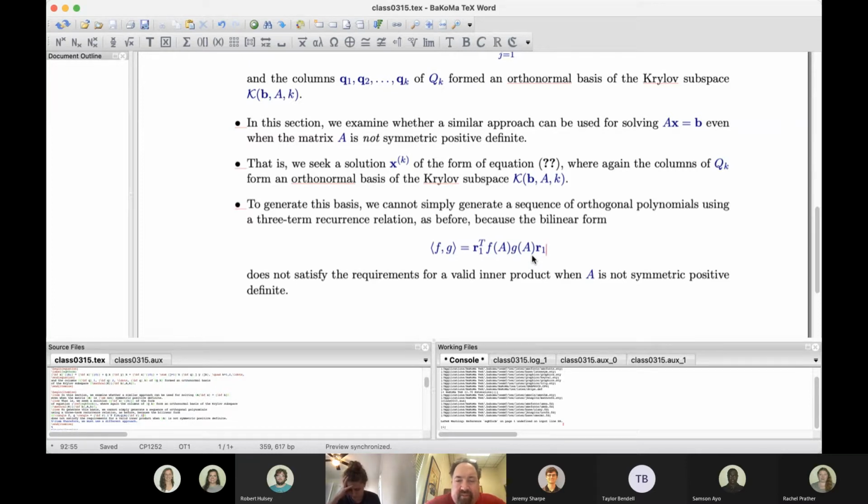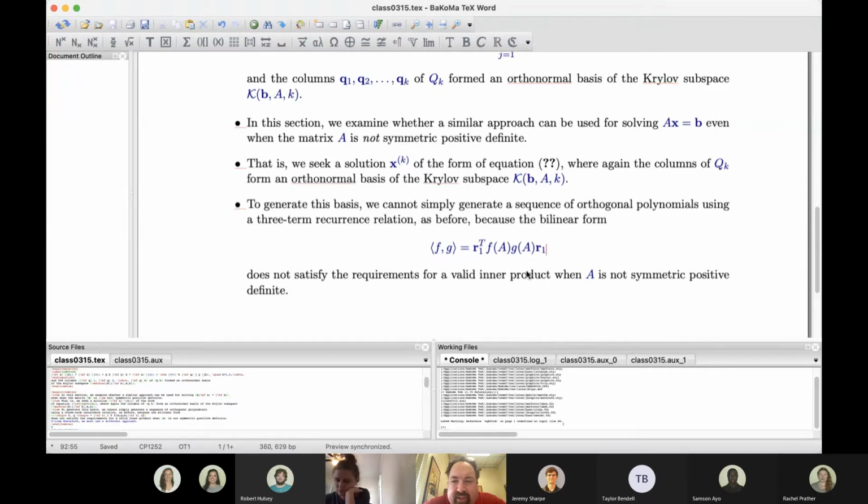If it's not, then we might have a problem where the inner product of a function with itself might not be a positive real number, which is required, because if you take the inner product of a vector with itself, that should be its magnitude squared. Well, magnitude ought to be a positive number. So when A is not symmetric positive definite, that may not be true.